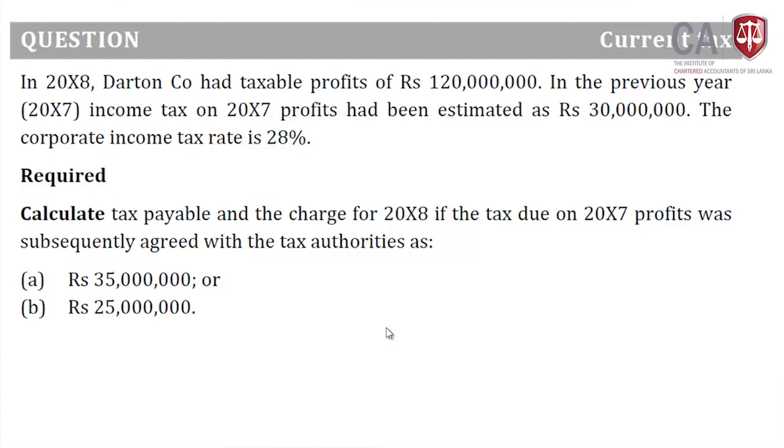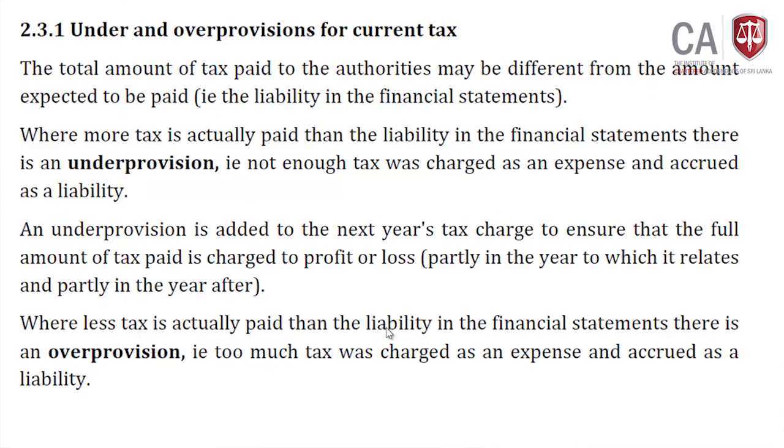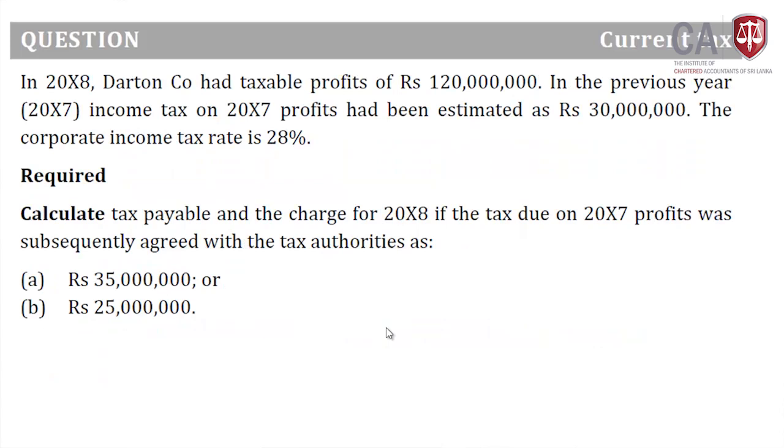The corporate tax rate is 28%. Calculate tax payable and the charge for 2008 if tax due on 2007 profit was subsequently agreed with tax authorities at 35 million, and alternatively 25 million. Very simple. Read this question again.